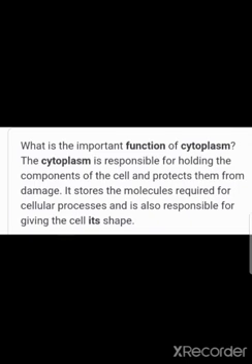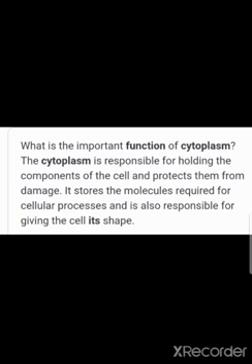What is the important function of this cytoplasm? The cytoplasm is responsible for holding the components of the cell and protecting them from damage. It stores the molecules required for cellular processes and is also responsible for giving the cell its shape, right?